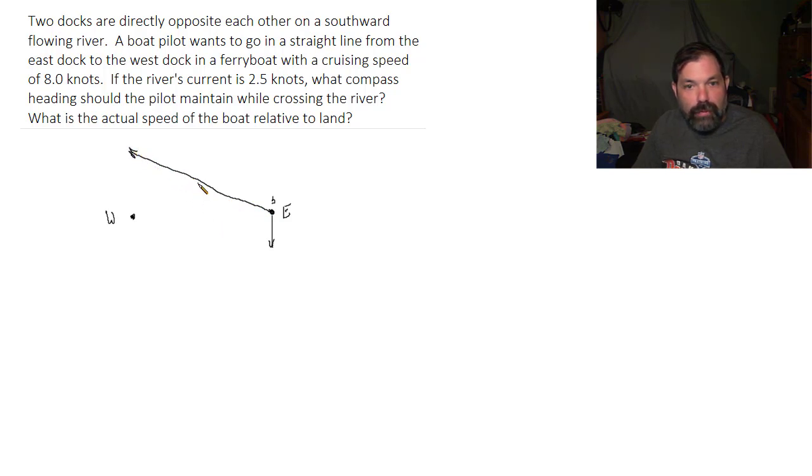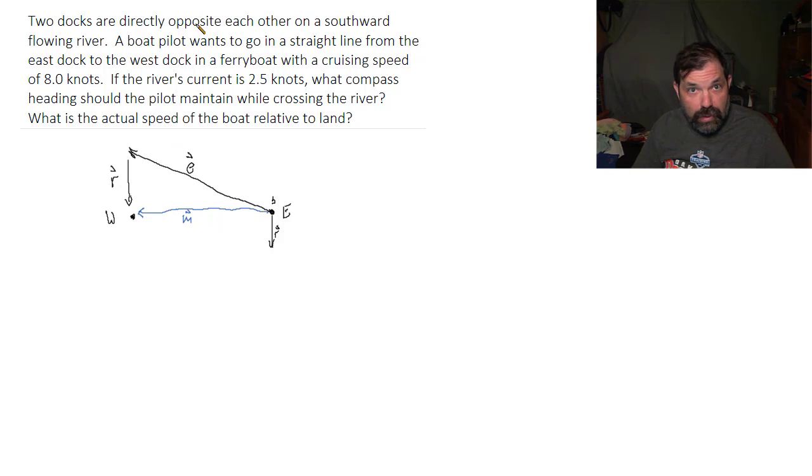Let's call that the engine vector, and this the river vector. The resultant in this case is the direct path from the east dock to the west dock, and I'll call that the m vector.